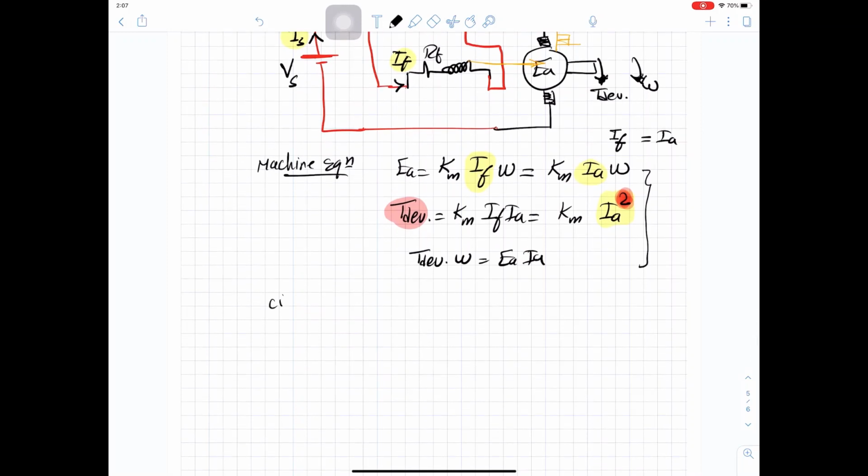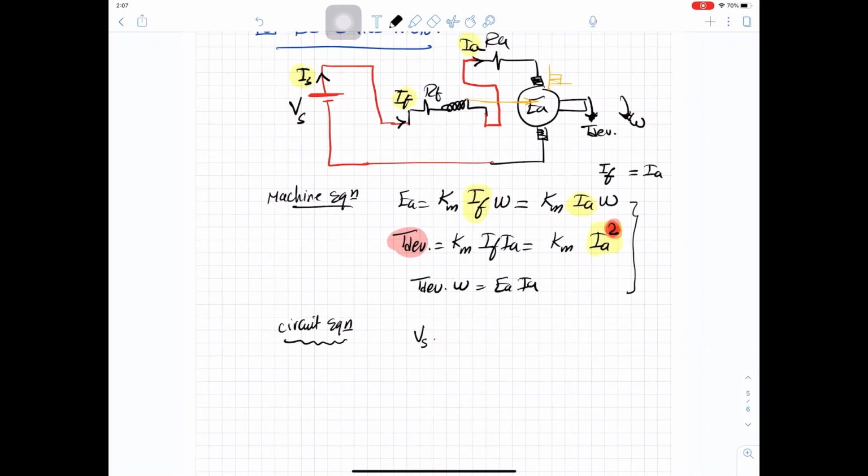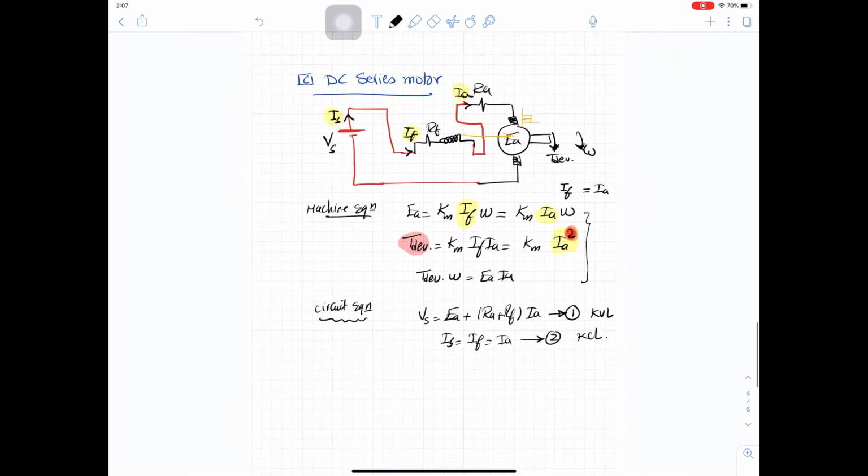In terms of circuit equations, we have one KVL: V source equal EA plus RA plus RF times IA, because we have a series connection, and I source equal IF equal IA. This is the second equation. So this is KVL and this is KCL. And these are the only equations we have for the series machine.